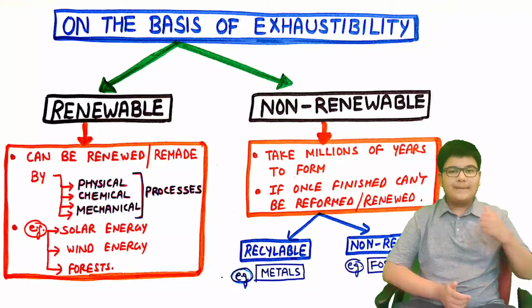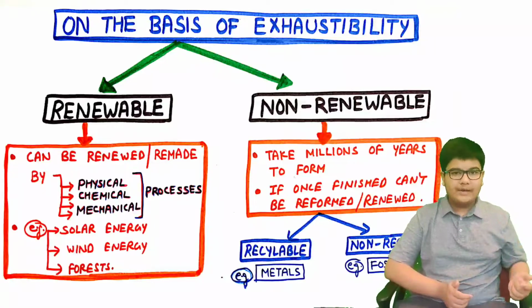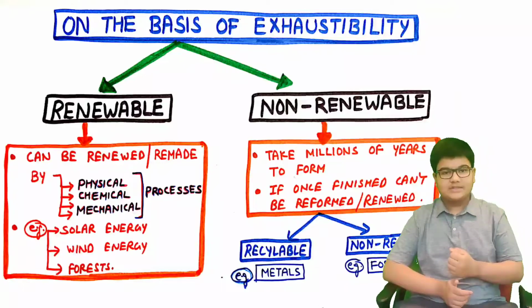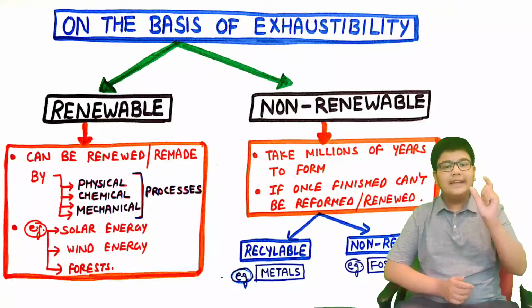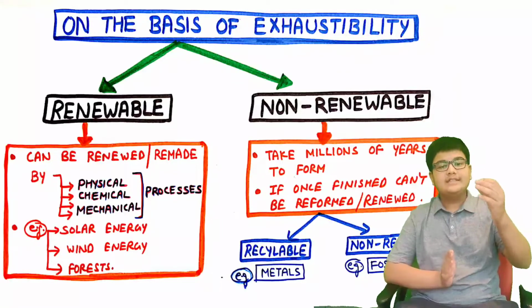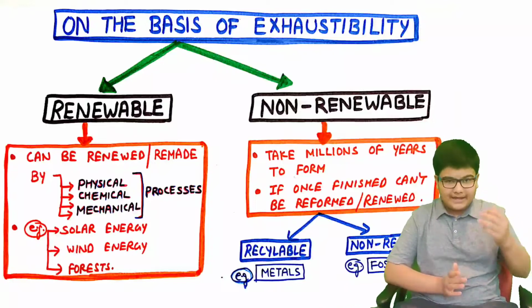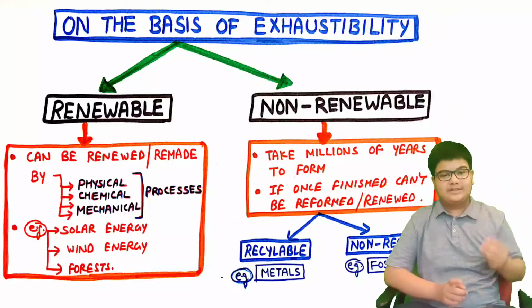Second, on the basis of exhaustibility, resources are classified into renewable and non-renewable resources. Renewable resources. The meaning of the word renew is to replenish. So these resources can be renewed or replenished by physical, chemical or mechanical processes.